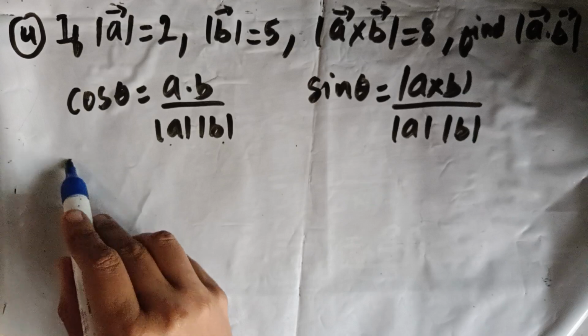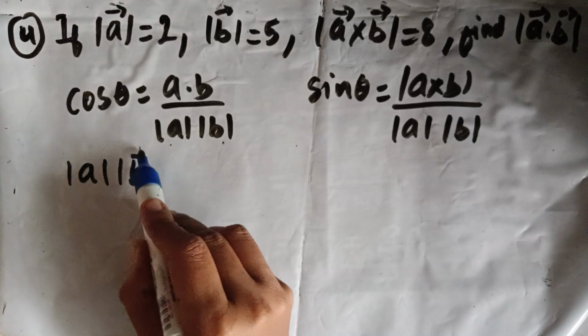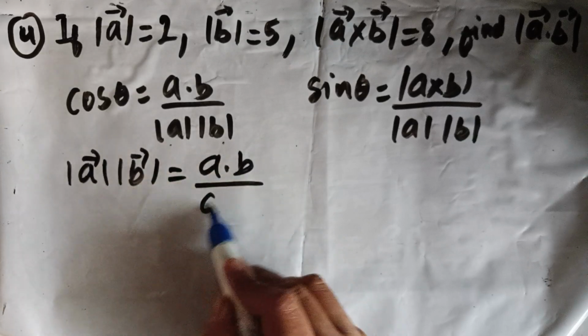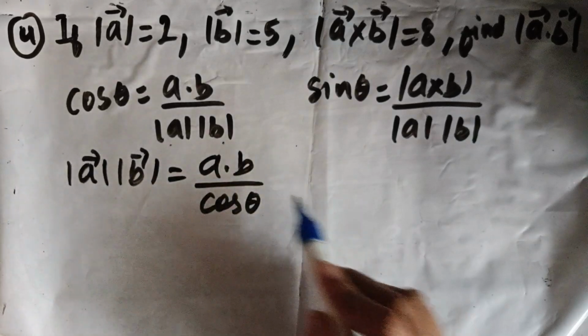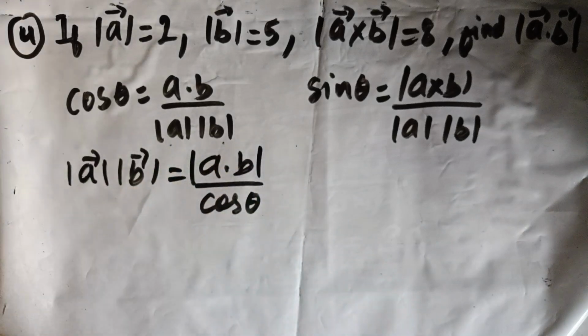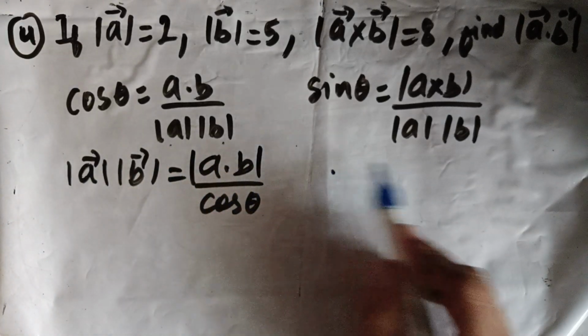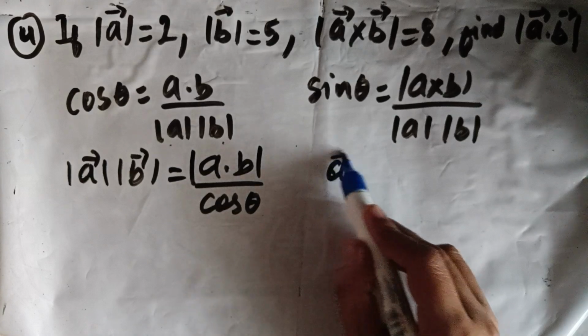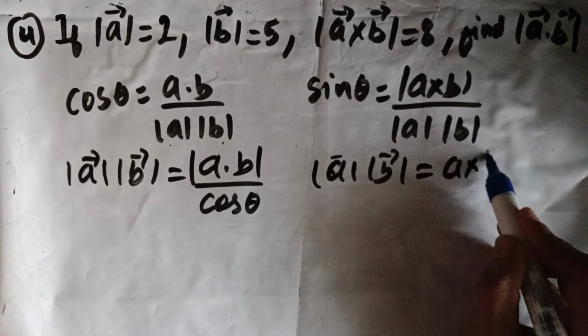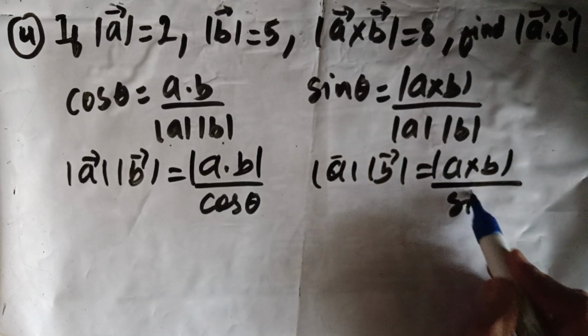this is common, right? So this becomes A dot B upon cos theta. This is a scalar quantity, so we can write here mod. Then this is A cross B upon sin theta.